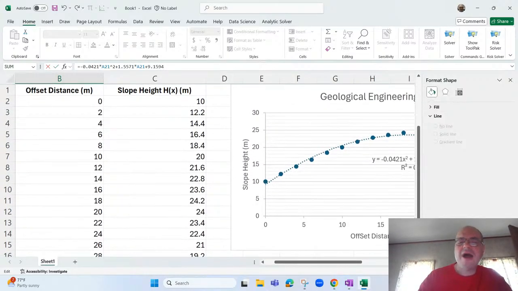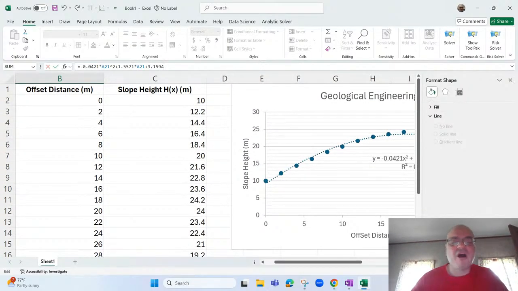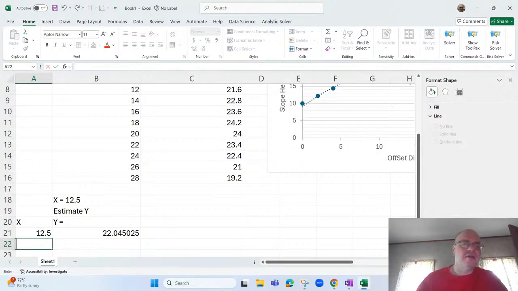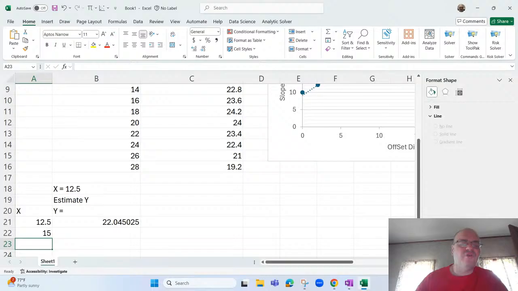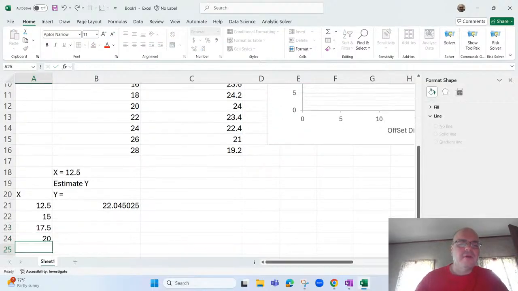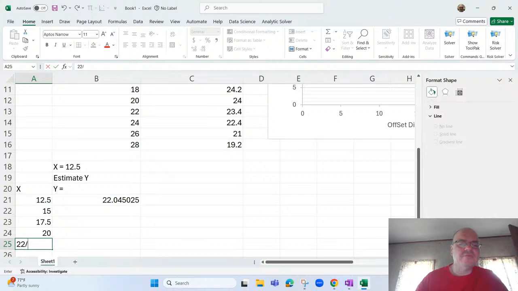So I have all my values in the function. And I could see, depending on the value of x, I can predict y. So if I wanted 12, 15, and so forth, I could create a little table here. And these seem to be reasonable values in my domain.